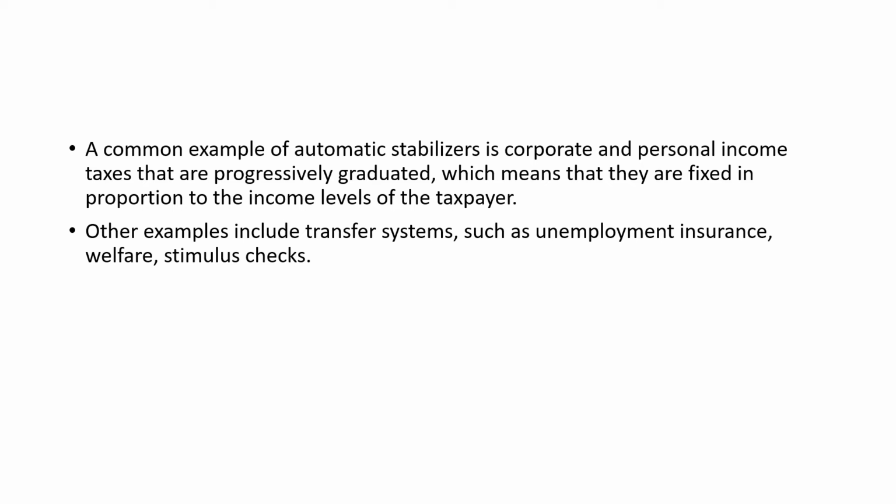We know that the government has fixed certain slabs, and as per the slabs and as per the income you earn or receive, you will be paying the income tax, right? So this is one of the common examples of automatic stabilizers. Other examples would include transfer payments such as unemployment insurance, welfare schemes, stimulus checks, etc.